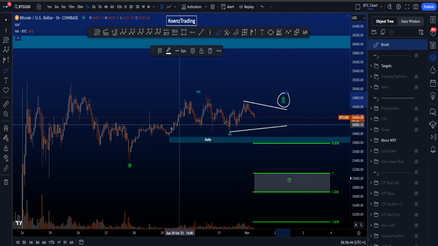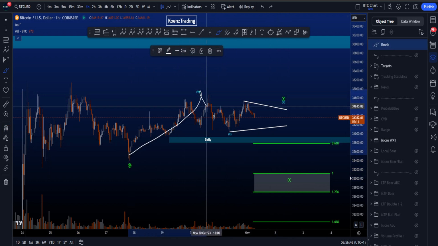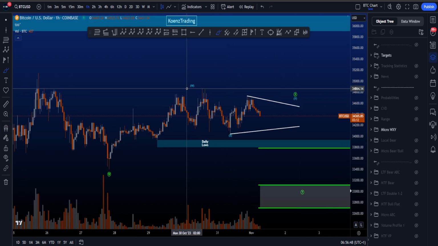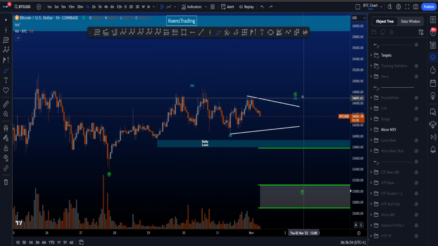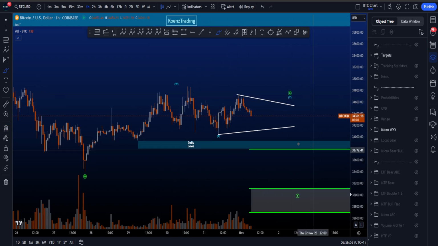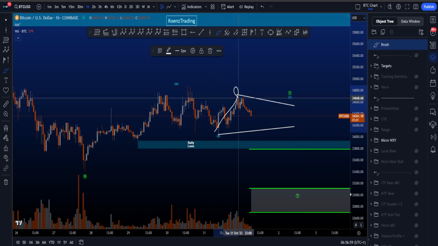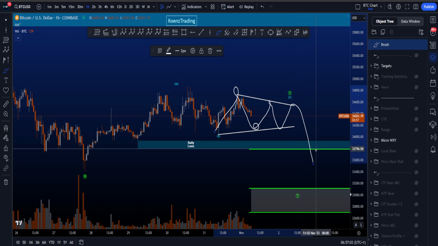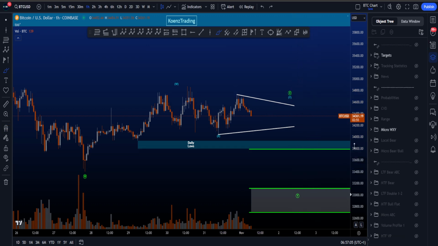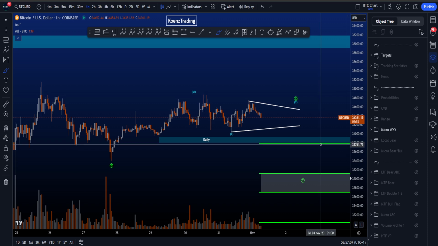And because X can be complex, X can very much be a WXY scenario where wave W is a zigzag, then over here we have wave X in a 3-wave structure flat, and then eventually wave Y can also still be a triangle, where this is then a wave A looking for B, C, D, E, before then continuation to the downside. But as you notice, there's still then more downside to come.